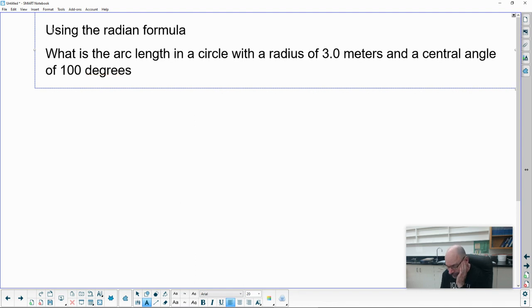Okay, so our strategy here is we know the arc length formula, we can rearrange it a little bit, and we also know that we're going to have to do a conversion. So a couple of steps in here.